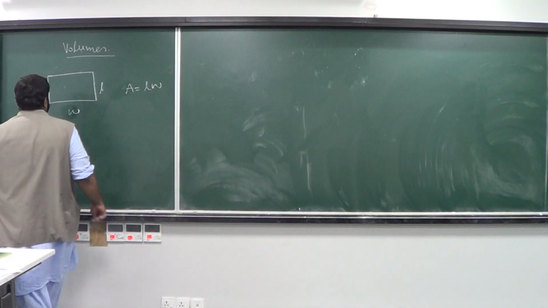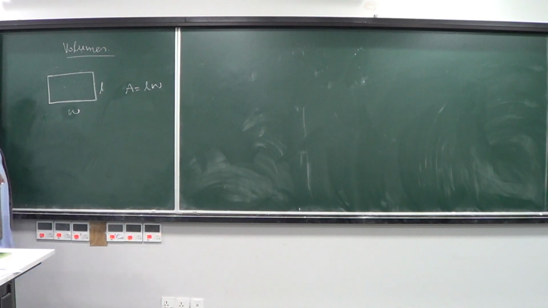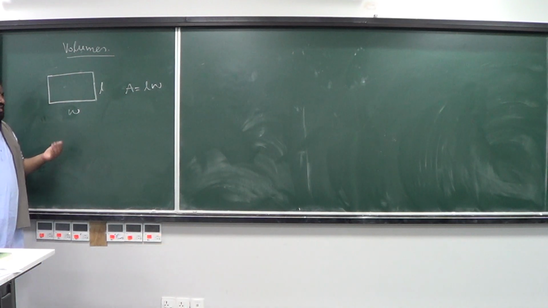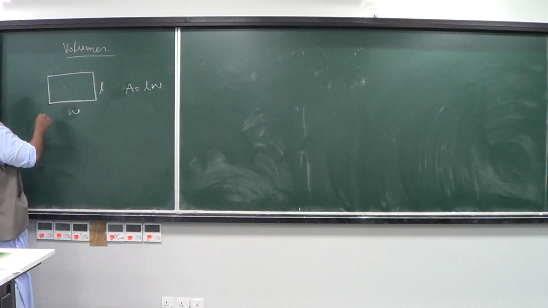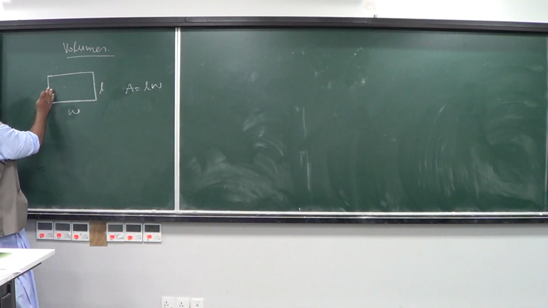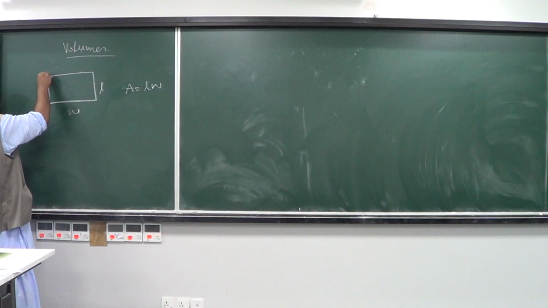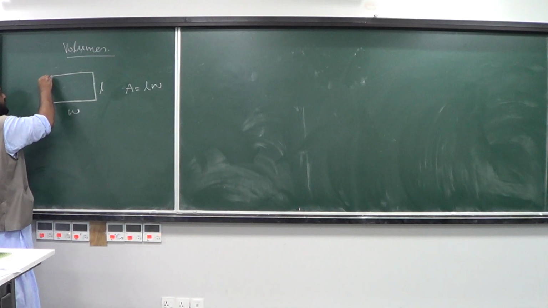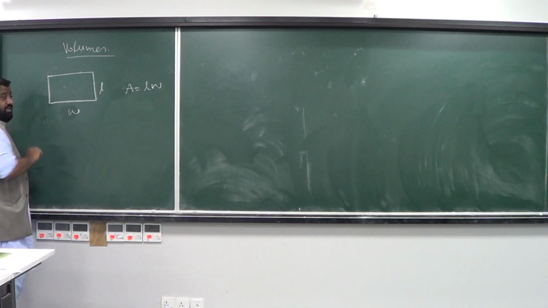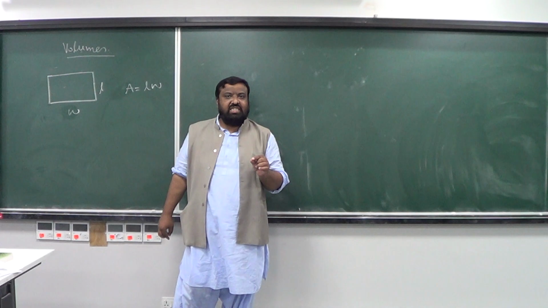The intuition is this. This width is W, in centimeters or millimeters, whatever you call it. Essentially, you want to fill this area with something. So I'm taking a stick. Assume that this yellow line is a stick that has a unit width.